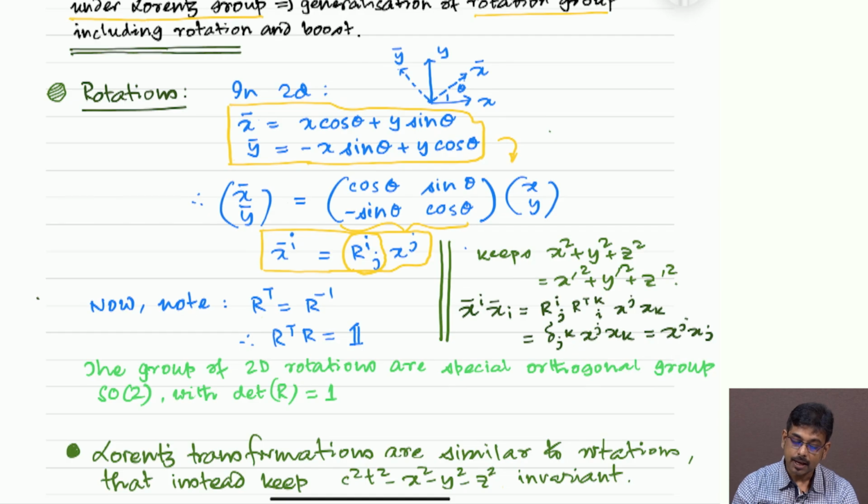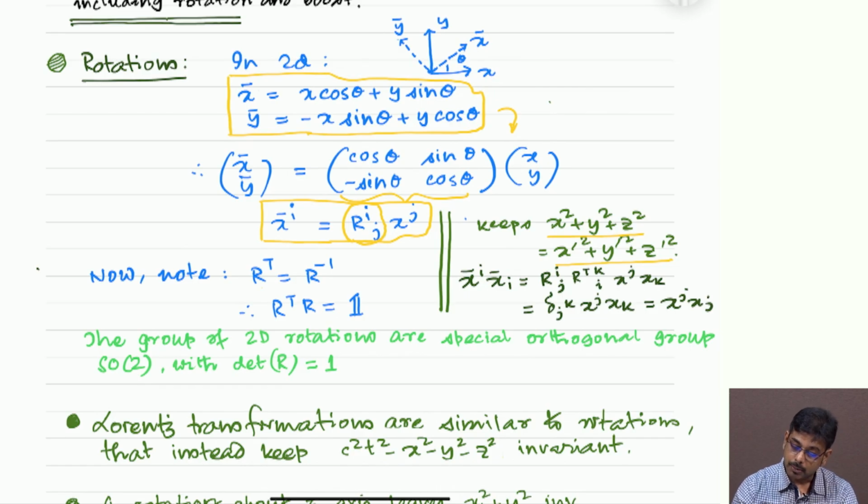And what do these rotations do? Interestingly, in a two dimensional rotation, the important property is that it keeps x square plus y square invariant. If you take a 3-dimensional rotation, it keeps x square plus y square plus z square invariant, that is, x square plus y square plus z square is equal to x prime square plus y prime square plus z prime square.